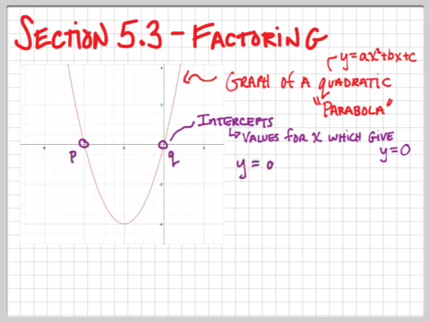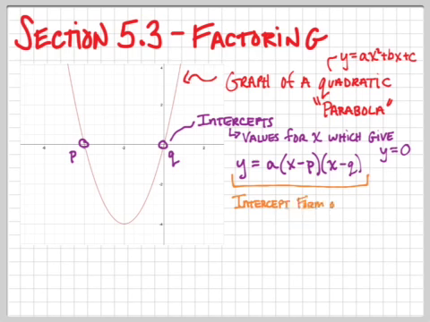And we call these roots. If I was to factor it, I would get my general form: y equals a times x minus p times x minus q. So if I have p and q, what that means is if I put in p, I get out 0. If I put in q, I get out 0. This is called the intercept form of a quadratic. So we have two forms already.